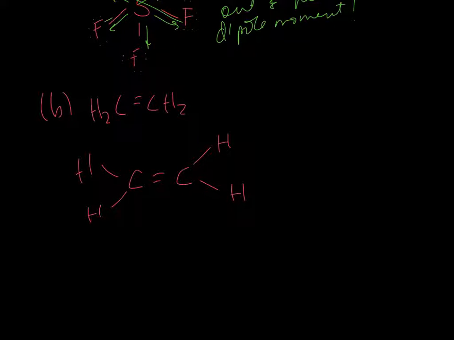All right, and so is this bond polar? Well, there's a slight pull here, and here, and here, and here, I suppose. But still, this really isn't considered a polar bond, and there isn't anything in here to make a polar bond, so this is nonpolar. And so there's no dipole.